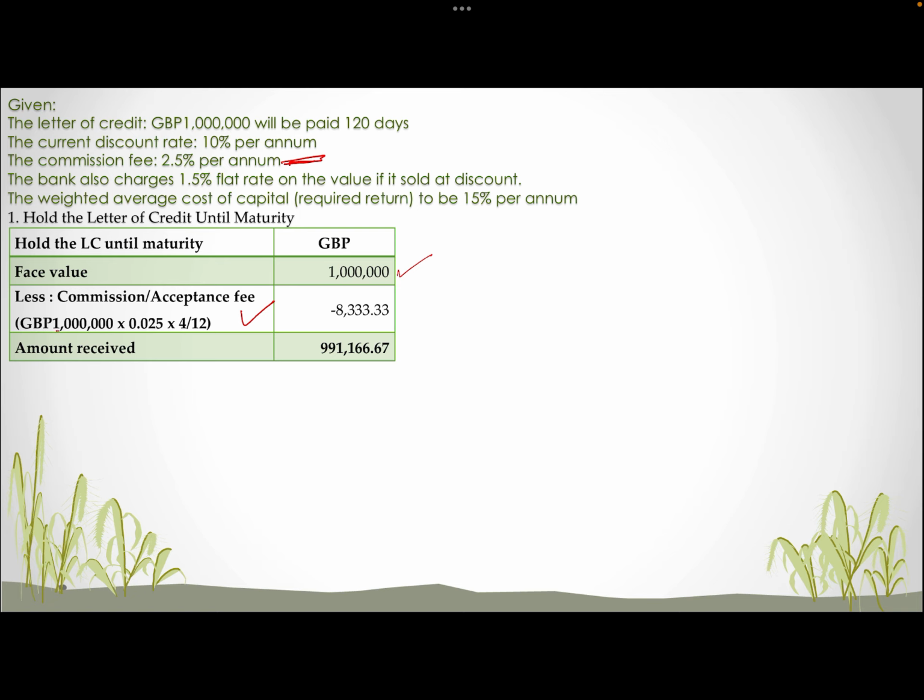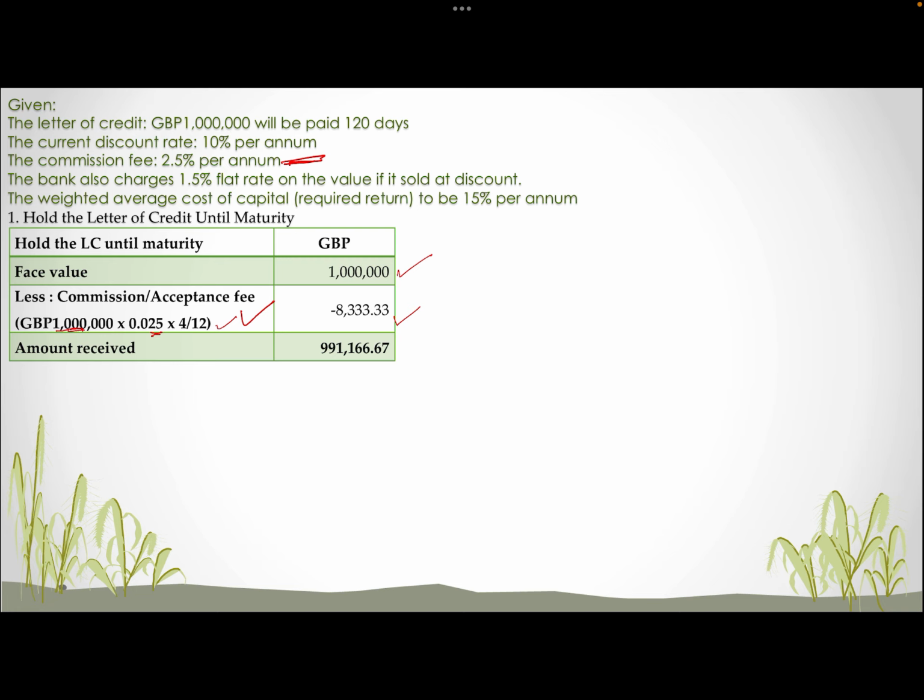So 1 million times 2.5%, because of 120 days, times 4 months over 12. If we calculate, you will get 8,333.33.